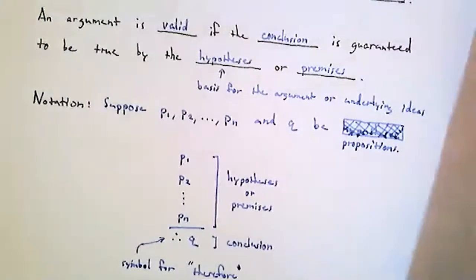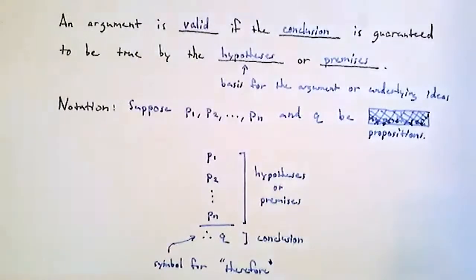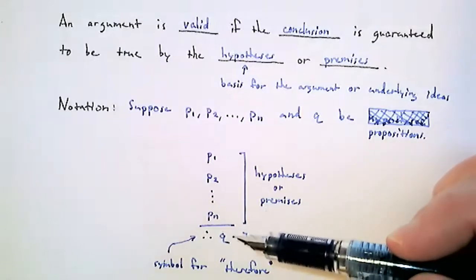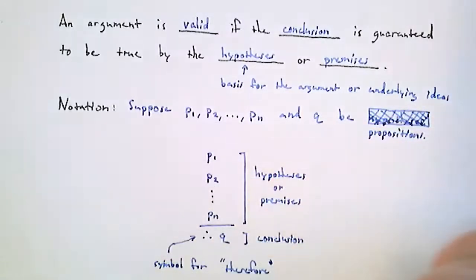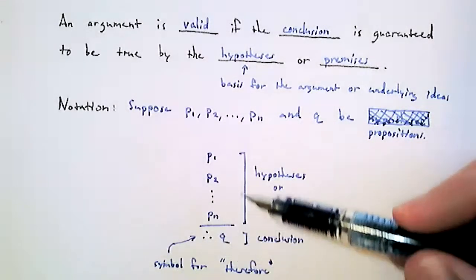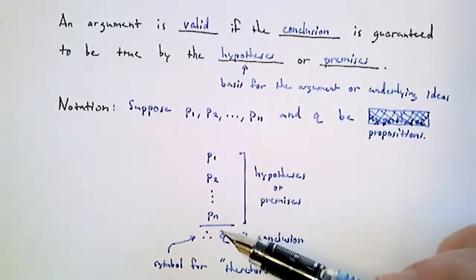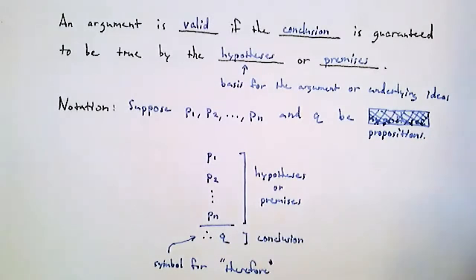in English. So this whole thing, the stack of hypotheses on top of your conclusion, this whole thing is an argument. So you're saying that whatever you wrote here justifies your conclusion.